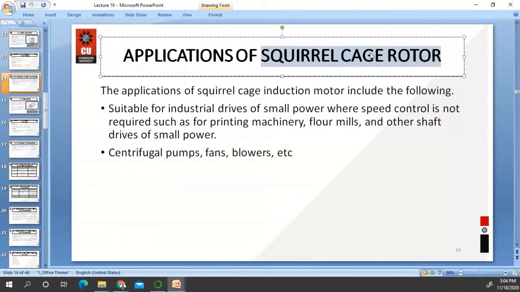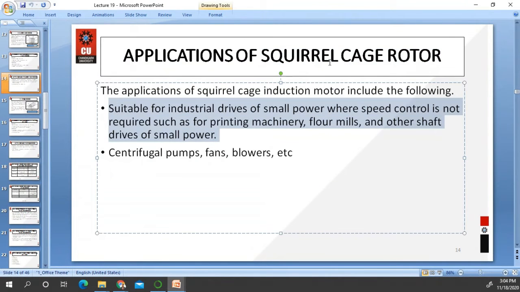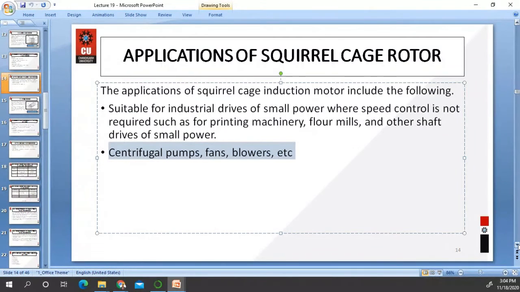Slip rings and brushes are what control the speed of the motor, so that is the major difference. In squirrel cage you cannot control the speed; the constant speed is maintained when you switch on the power supply. Centrifugal pumps, fans and blowers can use this type of rotor.